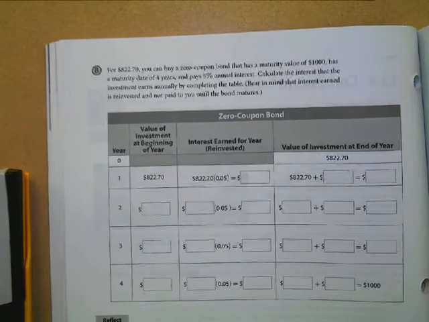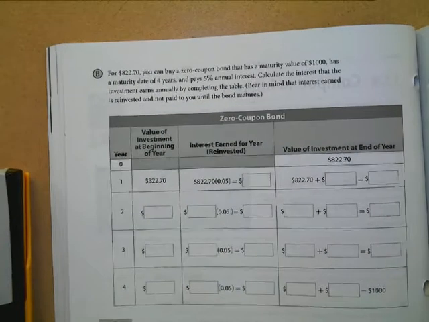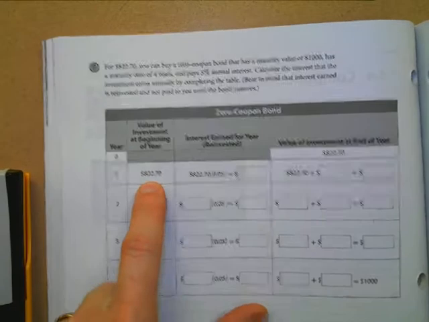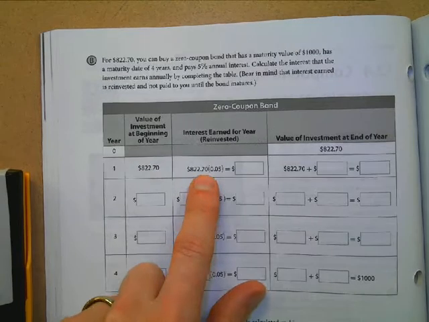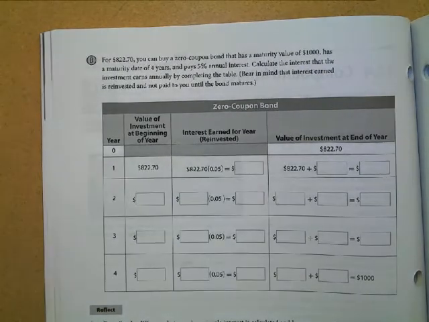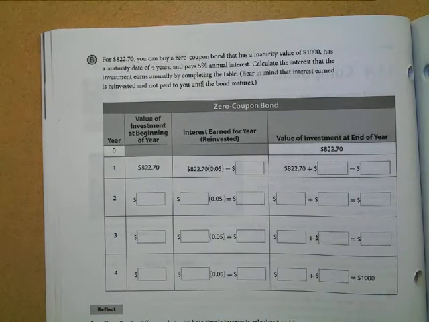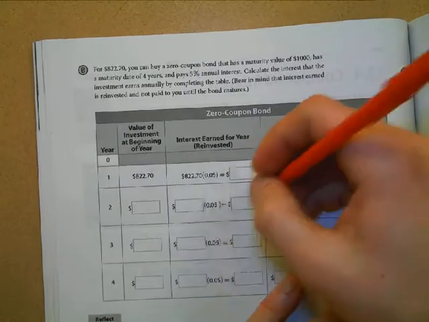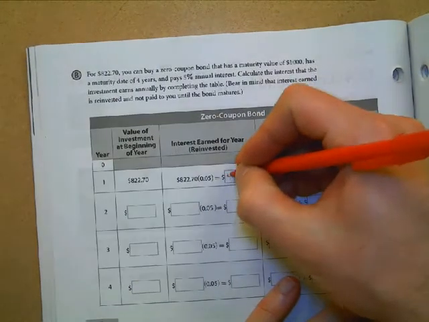So let's see here. Starting at $822.70, we're going to now find 5% of that to earn the interest on it. So 822.7 times 0.05. And I get $41, well, 41.135. Okay, like that. $41.135.